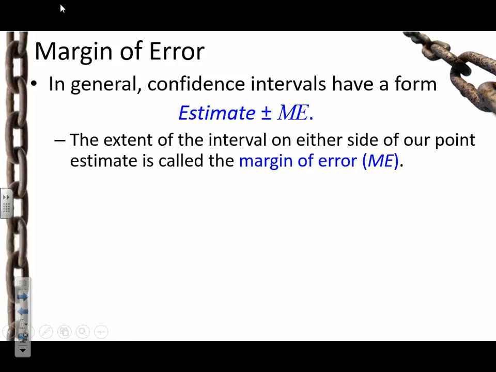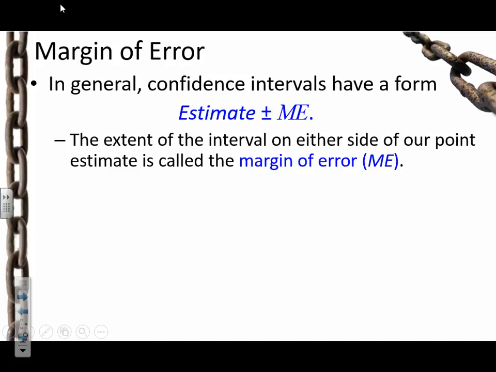And what we're hoping is when we reach in each direction, we're going to create an interval of values that will capture the true value, so the true mean value of the population, or the true proportion of the population. So this margin of error describes the distance we reach in each direction.